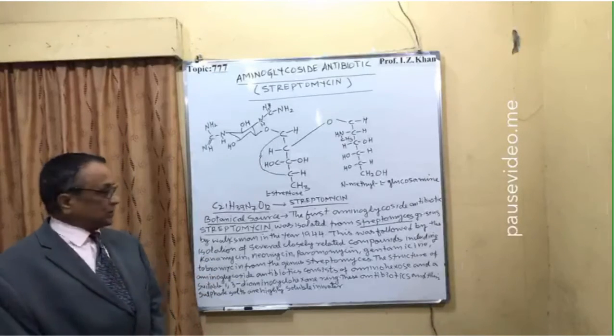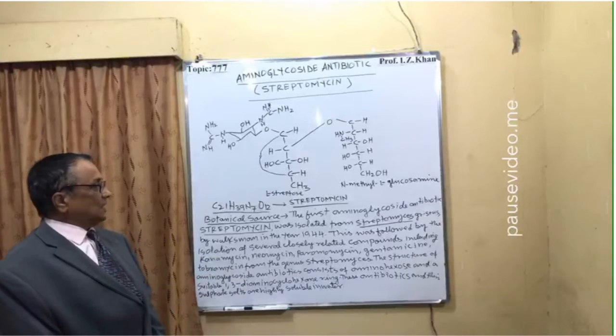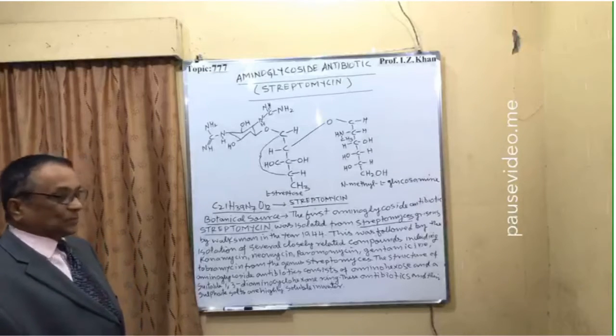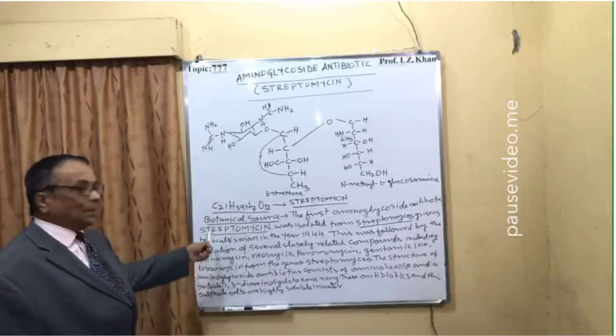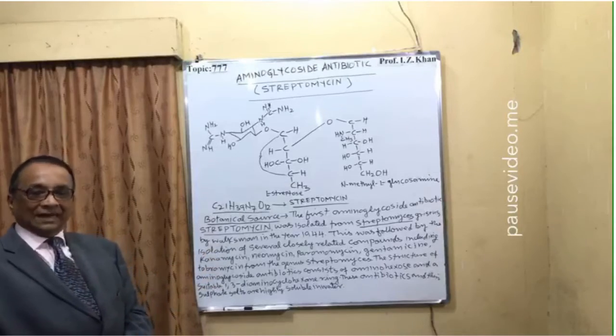Now the botanical source. The first aminoglycoside antibiotic, streptomycin, is a very common, well-known antibiotic.